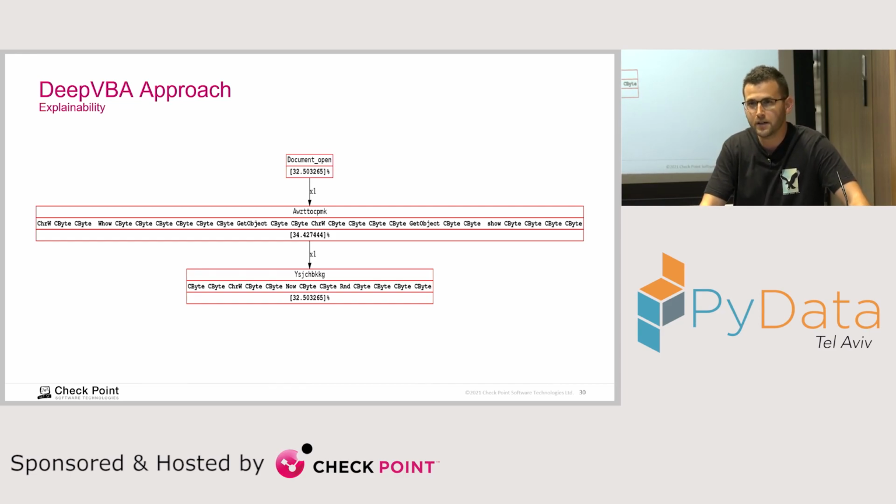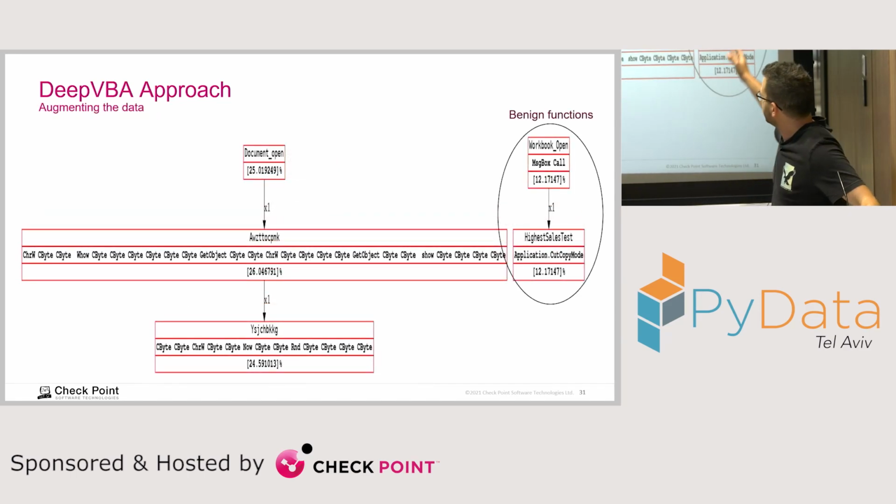But what will happen if I add benign functions to it? Let's see. I added some benign functions that I wrote myself. It basically just orders around the columns in Excel, pretty benign, nothing suspicious about it. And I ran it as one single function, as one single sample.